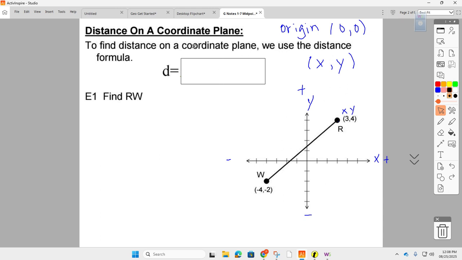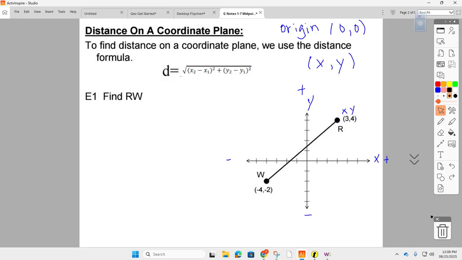To define the distance on a coordinate plane, we use the distance formula. I'm going to write that in. The distance on the coordinate plane equals the square root, open your parentheses, and x sub 2, that's just the label, minus x sub 1, close your parentheses and square it.